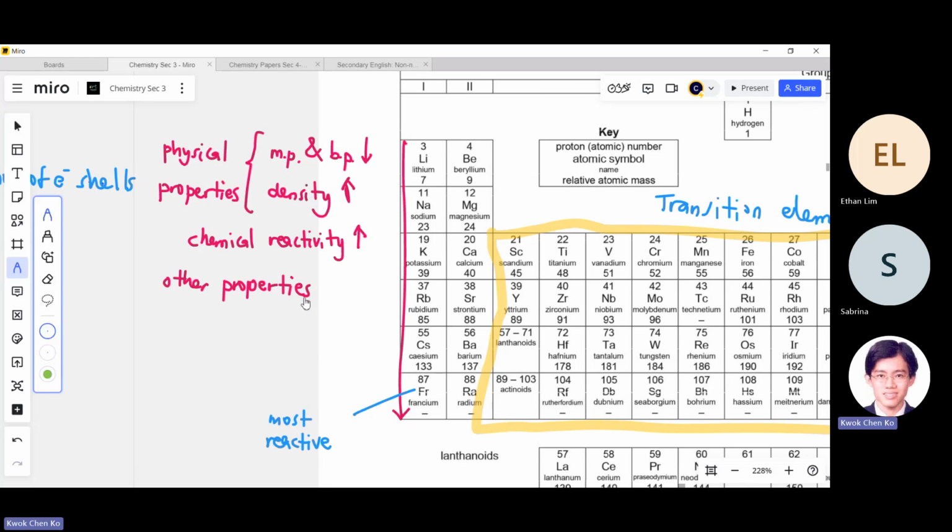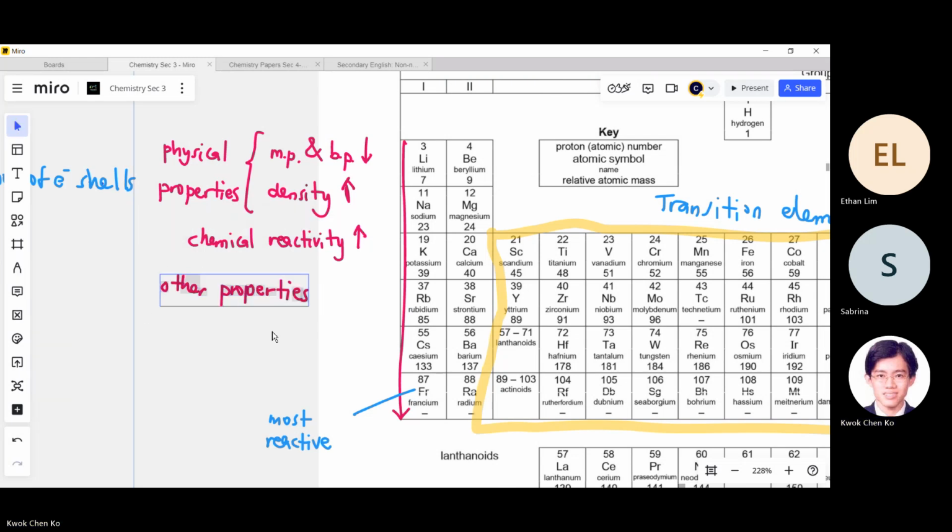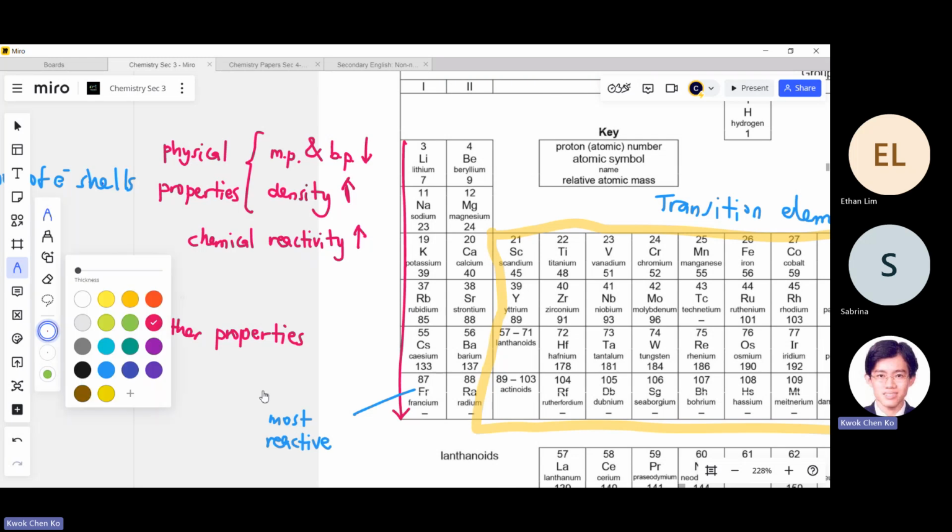Okay, what else? Oh, no, there's one more thing I missed out. Now, one thing that you may be asked is metallic character.